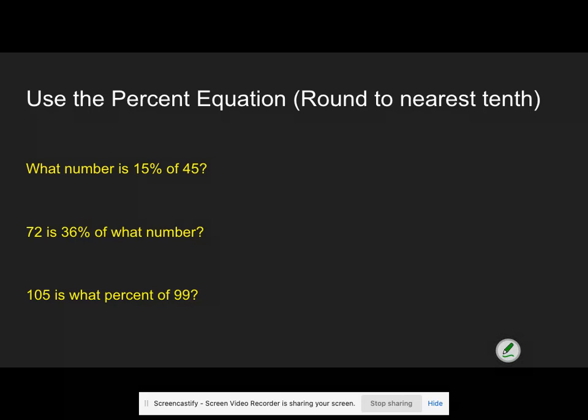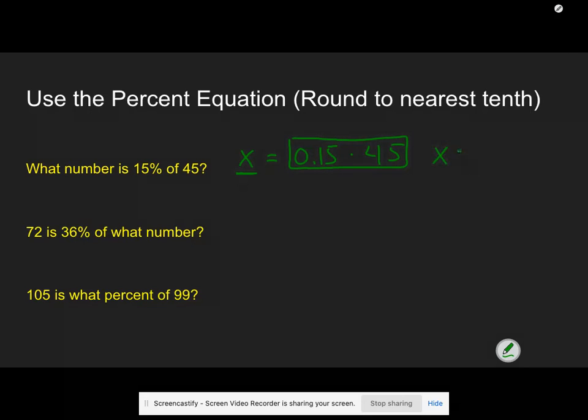So, what number is 15% of 45? Well, what number? x. I don't know that number. Is means equals. I'm going to change 15% to a decimal, 0.15, times 45. Now, since my variable is by itself, on my calculator, all I need to do is type in this information, and that will give me my final answer.